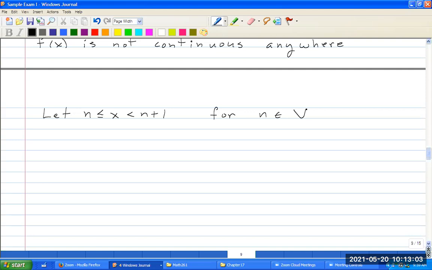Well, yes, it will, if I want to write a formula down for it, because I'll have to check if the formula changes. So then f of x will equal n if x is rational, and it'll equal minus n minus 1 if x is irrational.